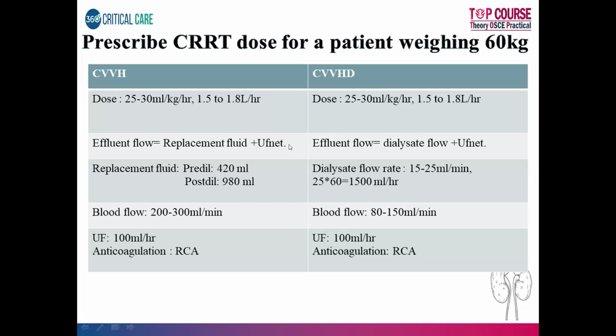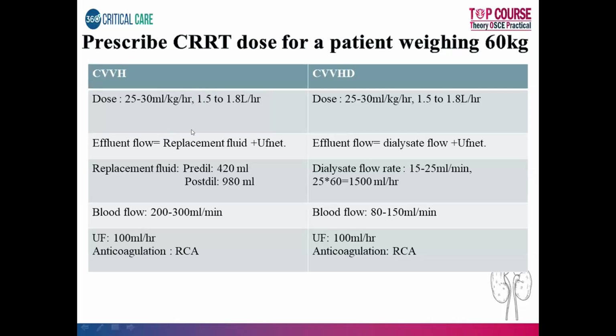At present, we will take the UF as 100 ml per hour. So if you take 1.5 liters, minus 100, it will be 1400 ml remaining.